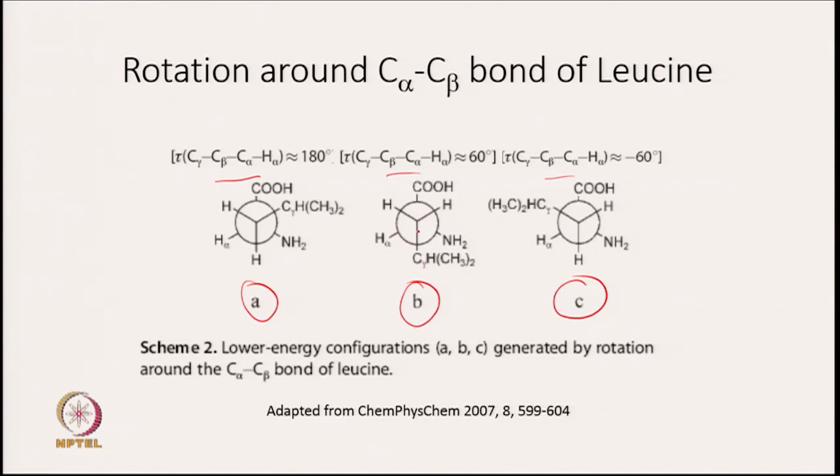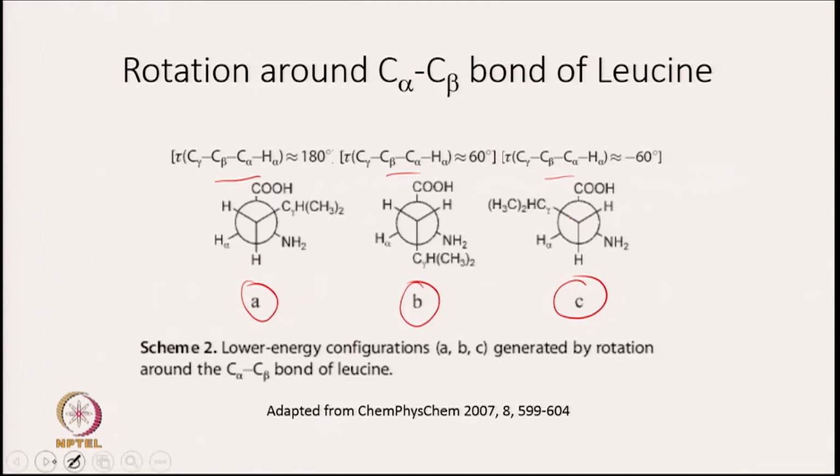This angle is 60 degrees, and here C alpha is below the plane, C beta is up the plane, and C gamma is here. This is minus 60 degrees. So, these 3 conformations are lower energy configurations, generated by rotation around the C alpha C beta bond.